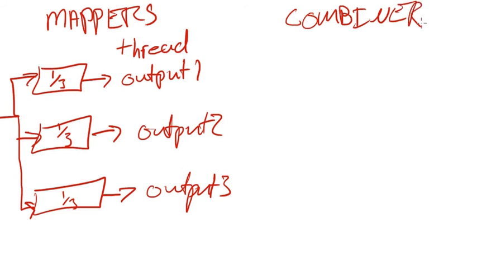So combiners, if I'm doing a word count, I might say, for example, my key value pair, so okay, my key is the word, so 2, for instance, and my value will be the numeral 1.